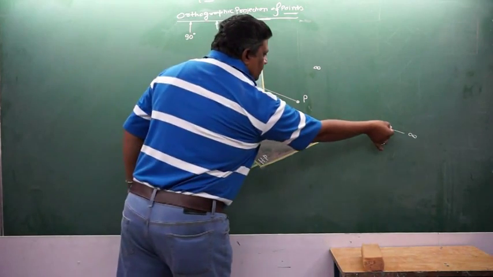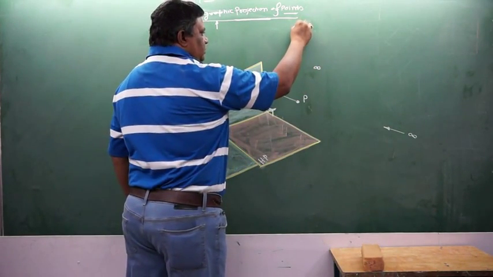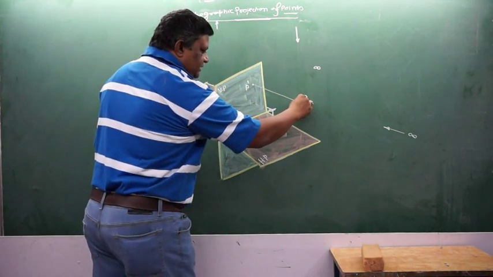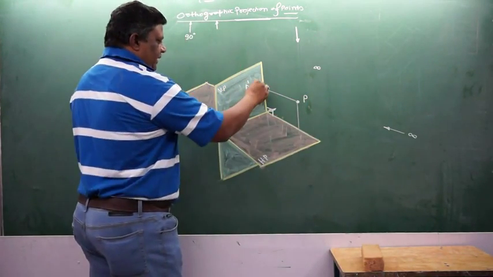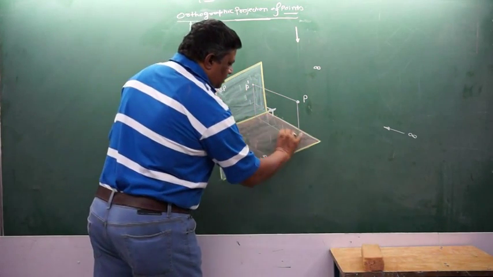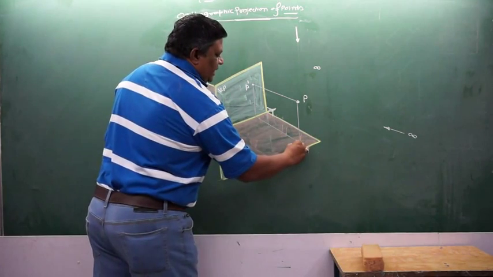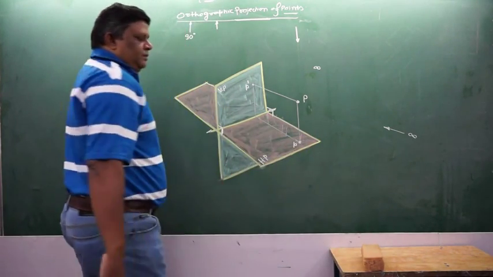Whereas when this observer comes on the top and looks from here, then the representation comes on the horizontal plane and is represented by small p.